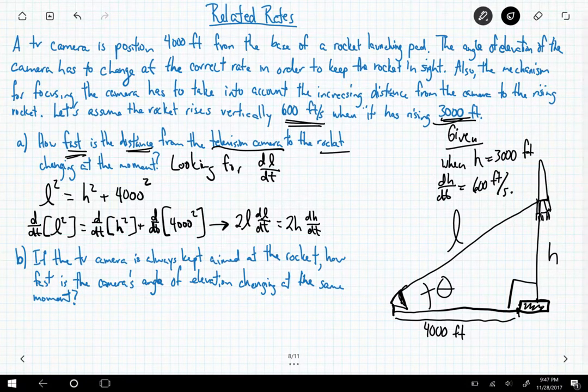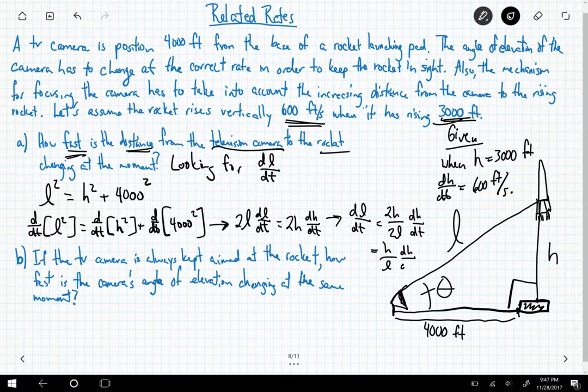So we can divide both sides by the 2L, and we get dL/dt equals 2h over 2L times dh/dt. So this is just h over L times dh/dt.